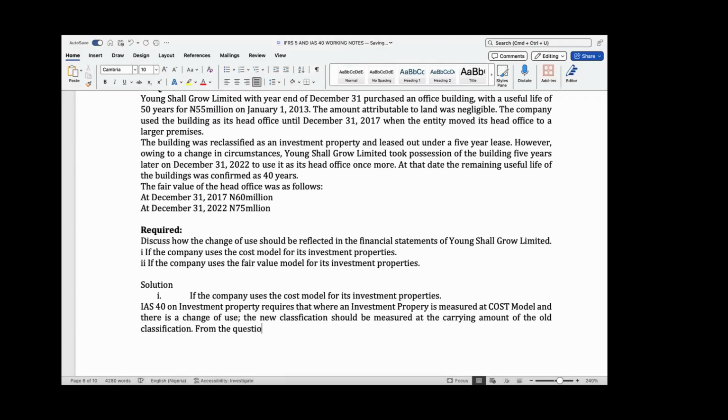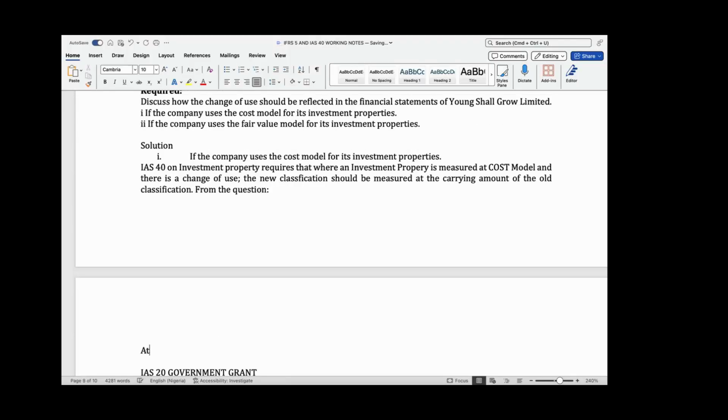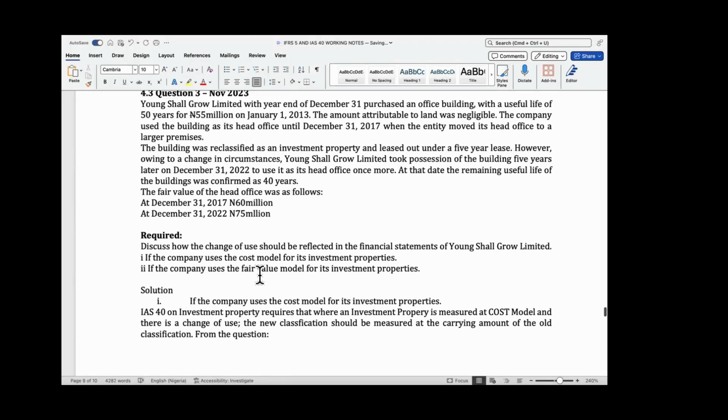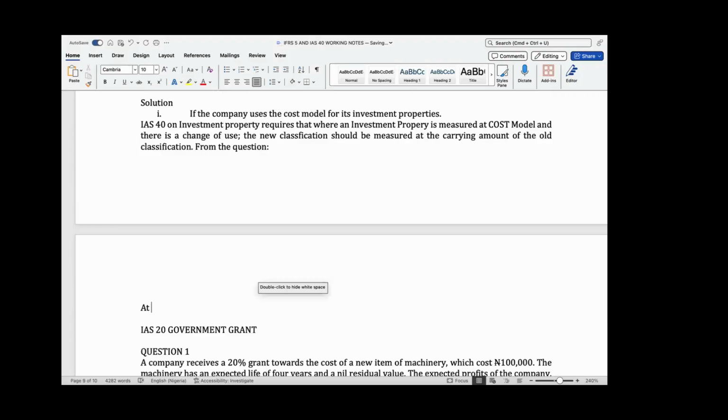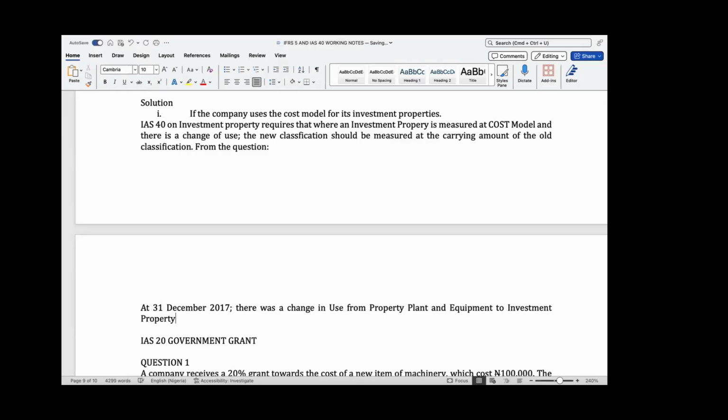From the question, at 31st December 2017, there was a change in use from property, plant and equipment to investment property.